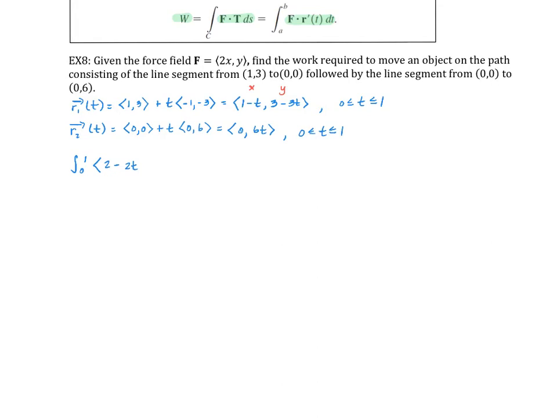Because remember f is 2x comma y, and x is 1 minus t, so 2 times 1 minus t is 2 minus 2t. Y is 3 minus 3t. And I'm going to dot that with the derivative. In this particular case, it's negative 1, negative 3 dt.